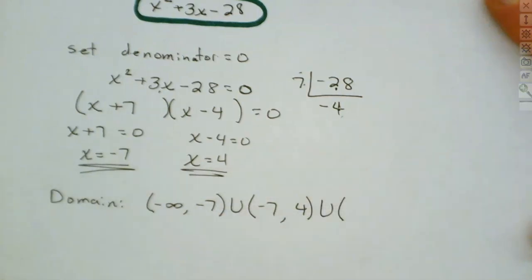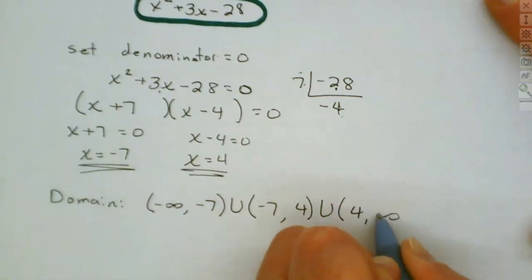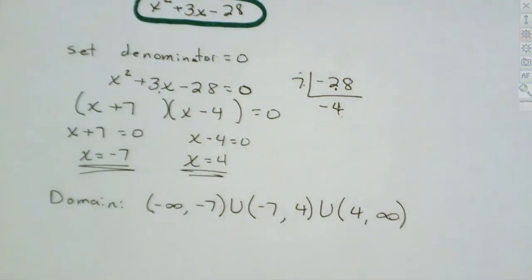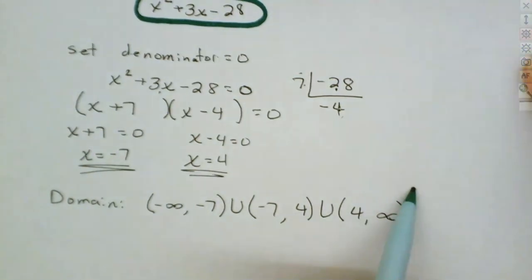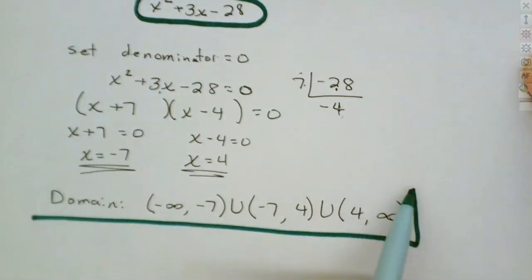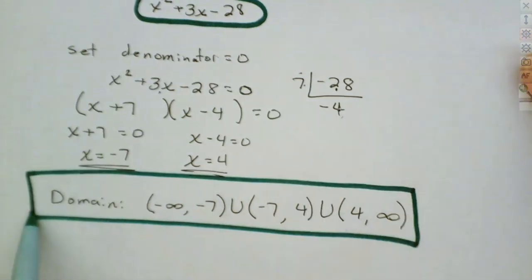We're going to then union that with 4 to positive infinity. That's how you find the domain of what's called a rational function.